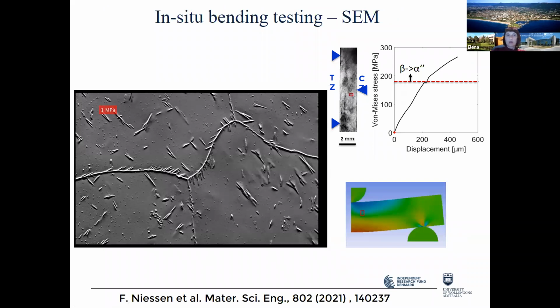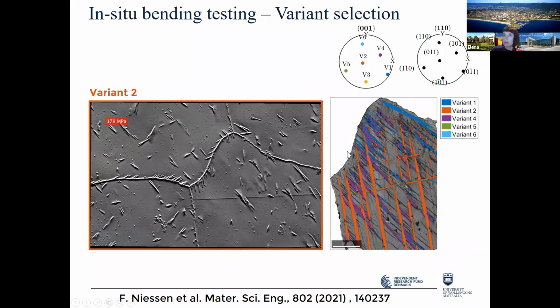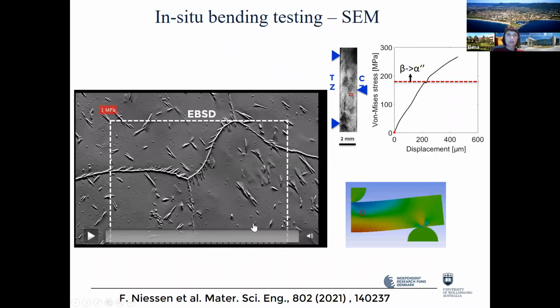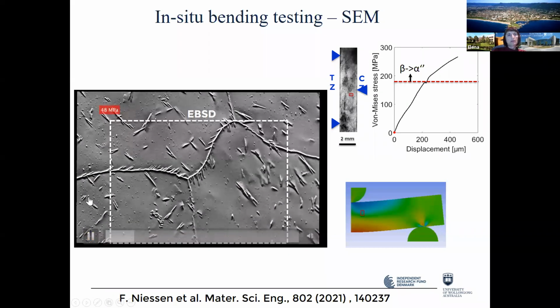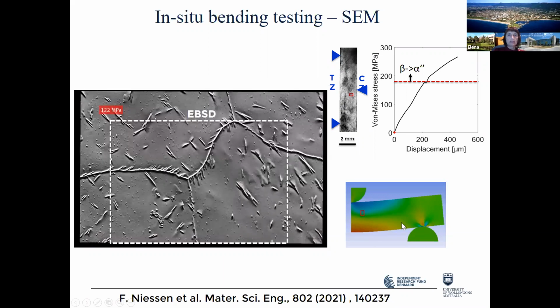This is an experiment of the bending that was carried out. This is the same 10 vanadium to iron 3 aluminium alloy, and here we're looking into the bending test.